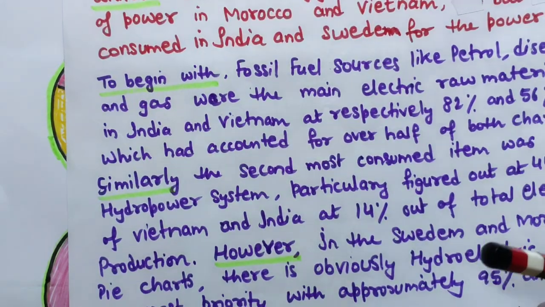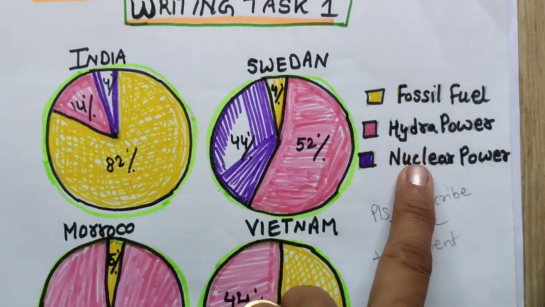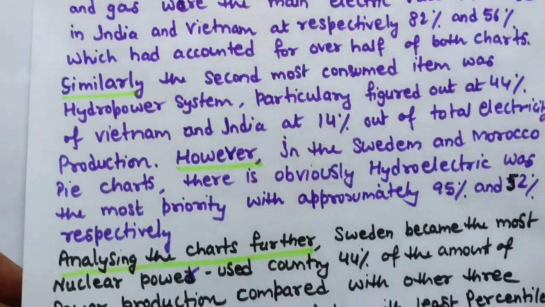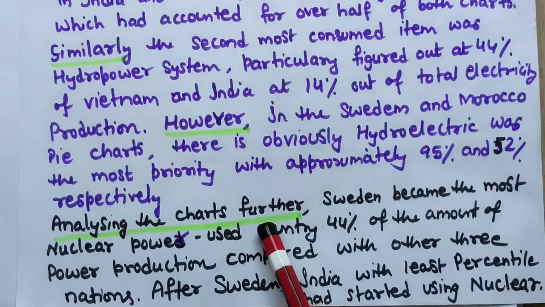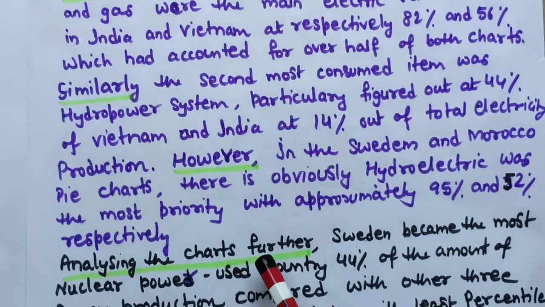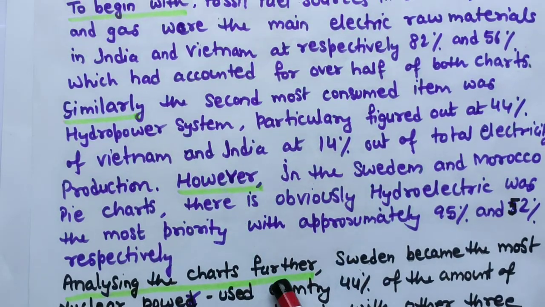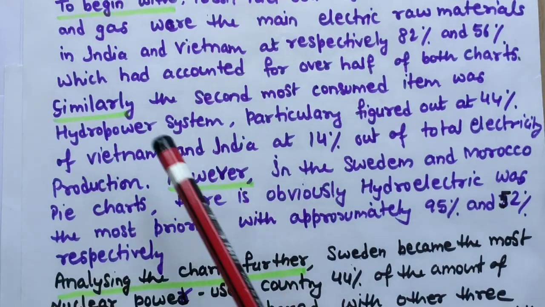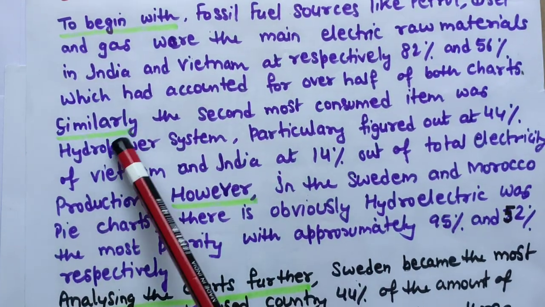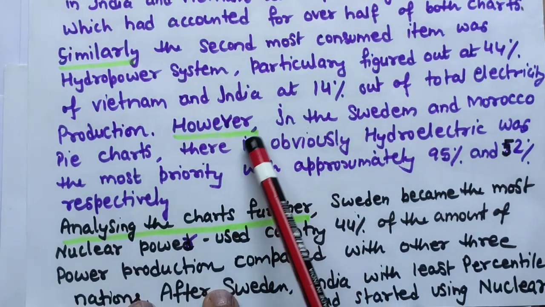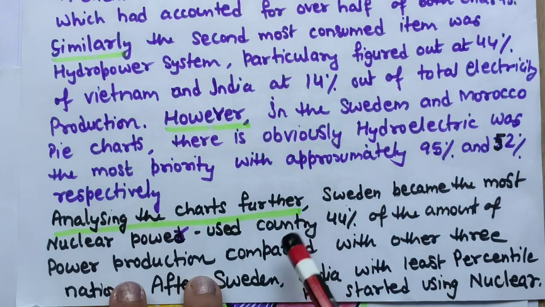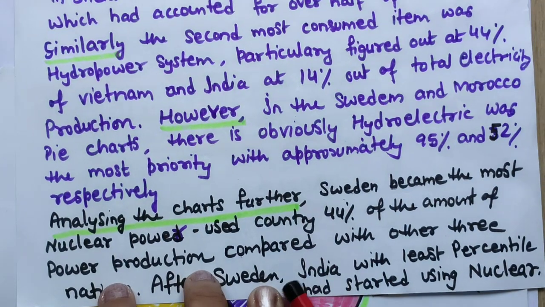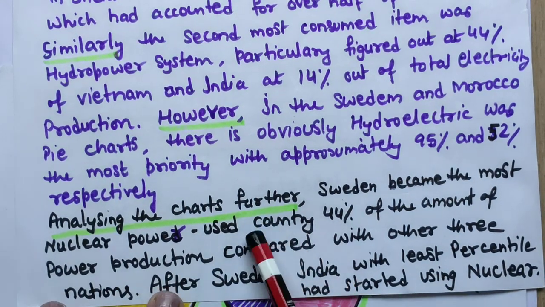Okay, now coming to nuclear power. See this. Analyzing the charts further. These are the word connectors you should use. To begin with, similarly, however, or here you can write moreover, furthermore. These connectors you can use. However, analyzing the charts further, or it can be noted that, it can be observed that, this you can also write.